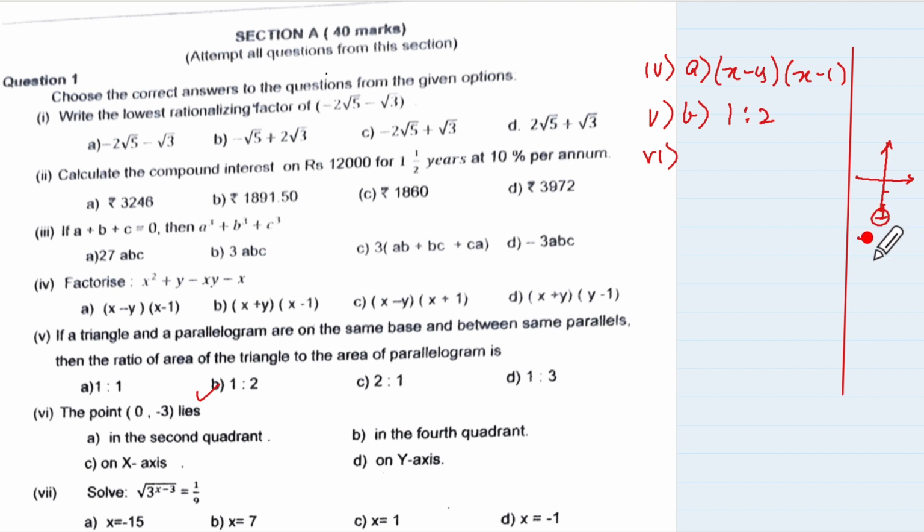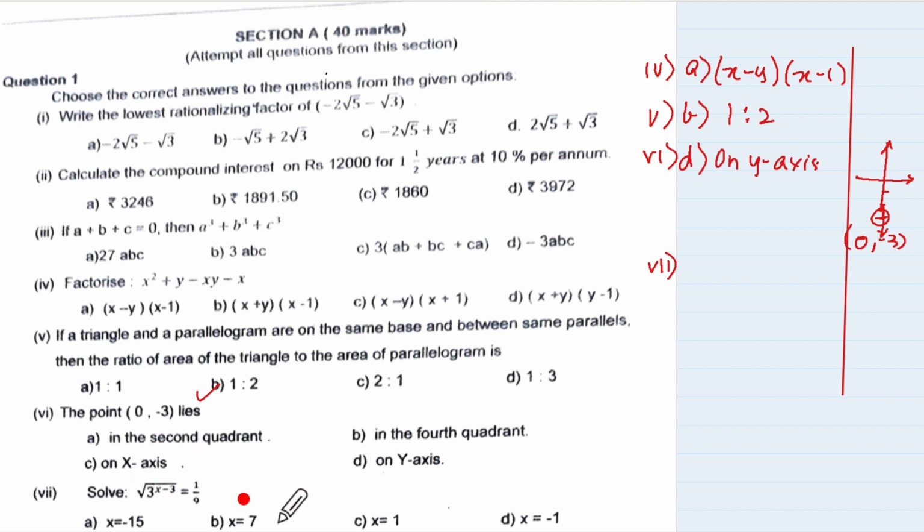This is going to be 0, minus 3 point, and it is lying on y-axis. So is it in second quadrant, fourth quadrant, x? It is on y-axis. So it will be D, and D will be on y-axis. We write like this. Okay, now we use this much space, so the seventh one will be written this way.